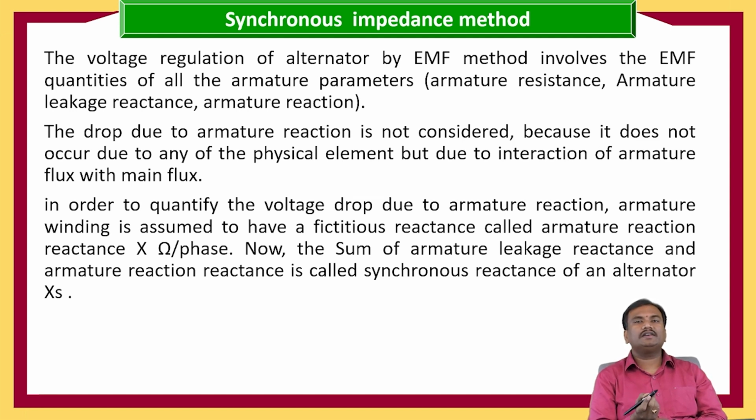In the open circuit test, we apply the rated voltage and take the parameters corresponding to the requirement, that is the no load voltage and the no load current. In the same way, we go with the short circuit current test. In this test, we calculate the full load current and full load voltage. Based on that, we calculate the synchronous reactance.